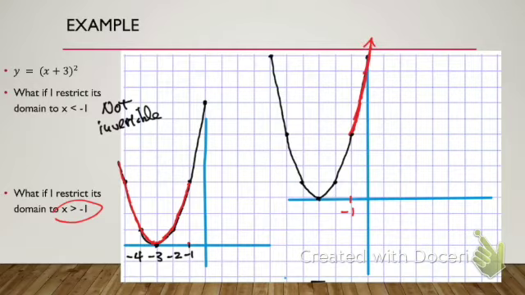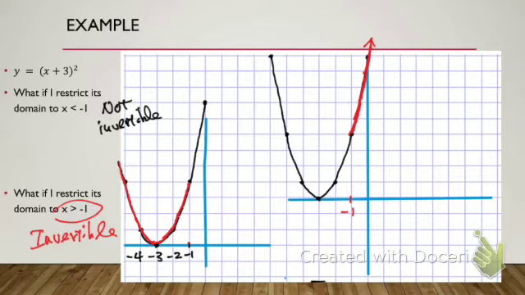Now is this one-to-one? Yes, it is. So this one is invertible. So the key message is that just restricting the domain doesn't mean you automatically make the function invertible. You have to make sure that by restricting the domain, you have resulted in a one-to-one correspondence.